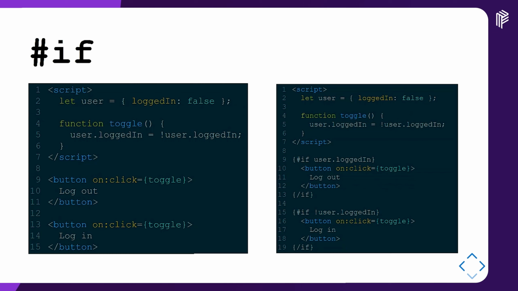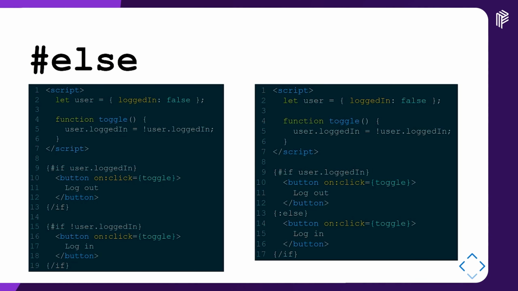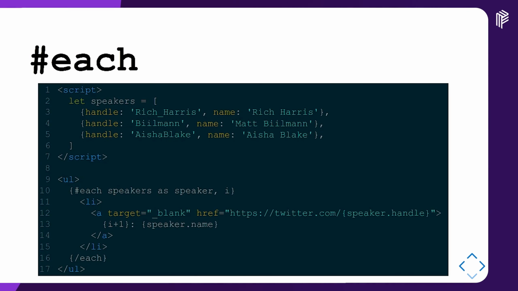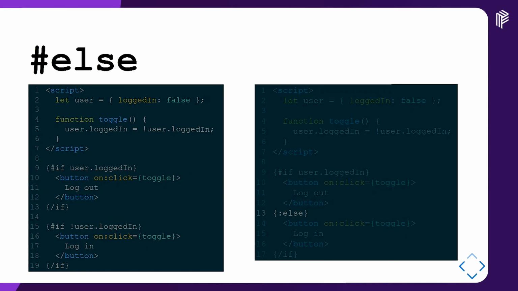On the right-hand side, we'll only render either button if the user's logged in or not. So we could use the if there, but we've got 2 separate if blocks. We could also just change that to an if else. So we've got the same block, but we're just using the continuation for the else here. And then we are going along with the rest of the button we want to render out here.